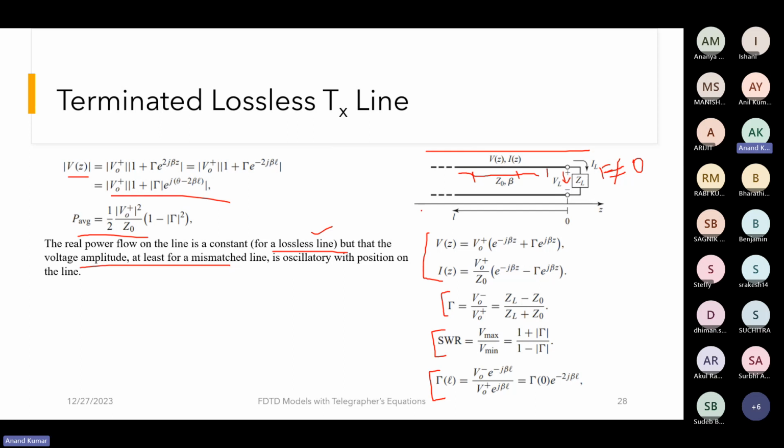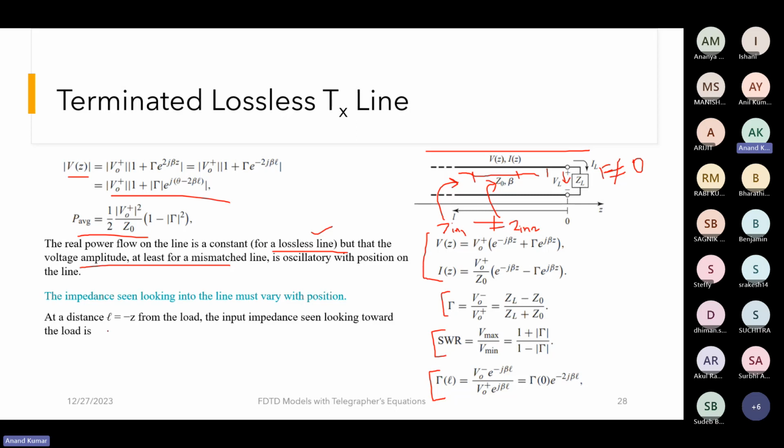Hence the input impedance seen from different points will be different. So Z in one will not be equal to Z in two if you see at different points. So let's solve for that.